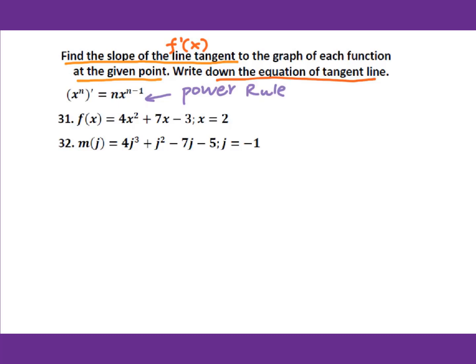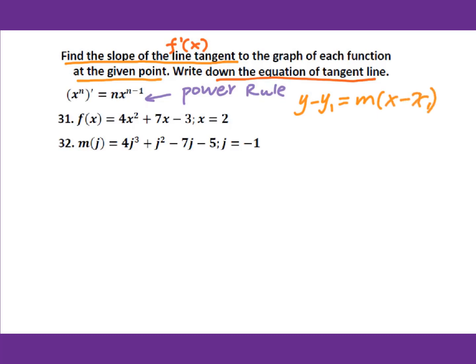Then you plug in the given point. You will get the slope of the tangent line at that point. Then write down the equation of the tangent line. If you are given a point and a slope, we have to use this formula: y minus y1 equals m times (x minus x1).